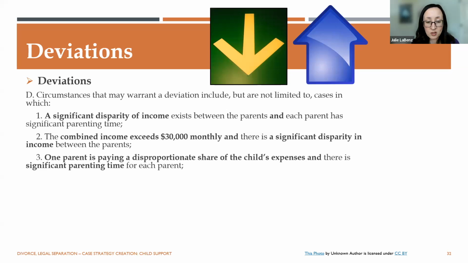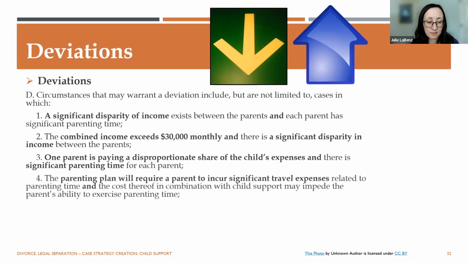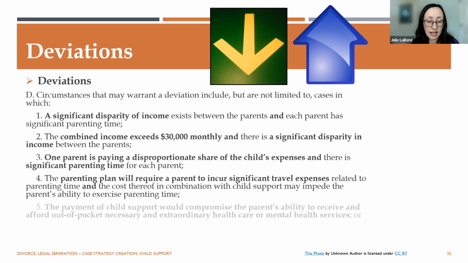One parent is paying a disproportionate share of the child's expenses, and there is significant parenting time for each parent. The parenting plan will require a parent to incur significant travel expenses related to parenting time, and the cost thereof in combination with child support may impede the parent's ability to exercise parenting time.